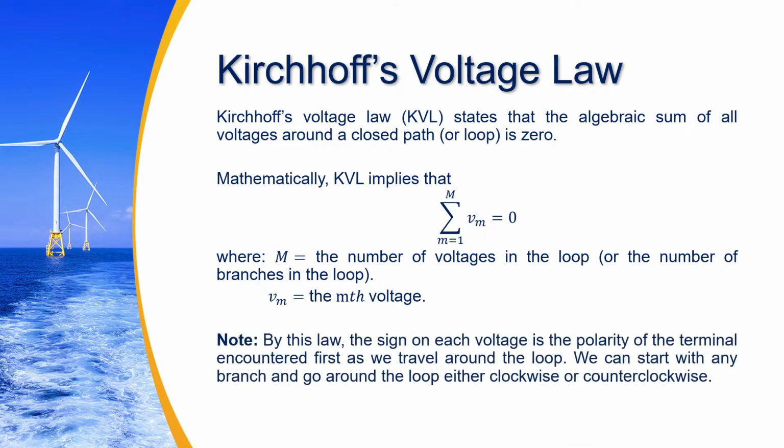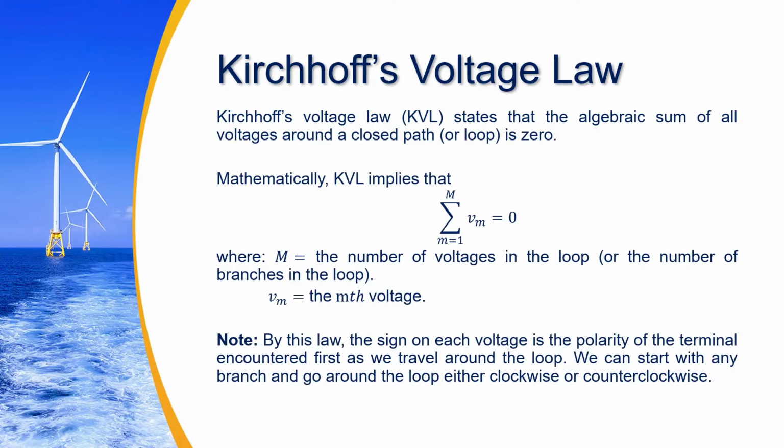But take note, by this law, the sign on each voltage is the polarity of the terminal encountered first as we travel around the loop. We can start with any branch and go around the loop either clockwise or counterclockwise. Katulad kanina sa KCL natin, depende sa inyo kung anong sign convention ang gagamitin.